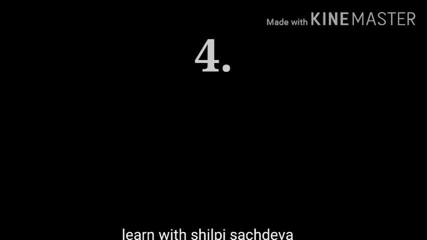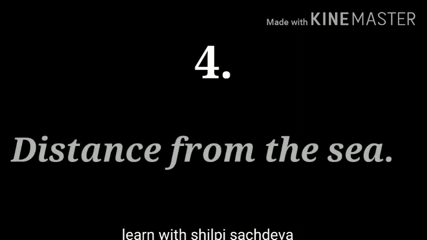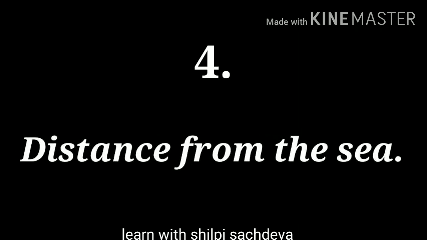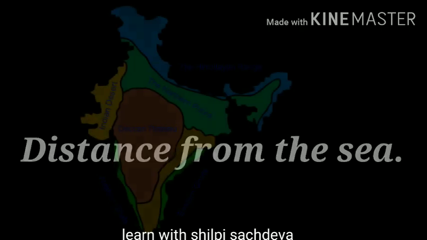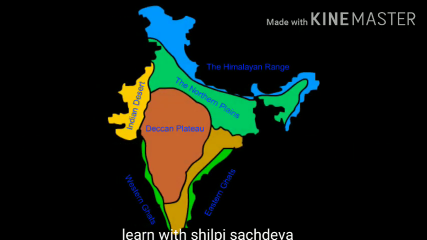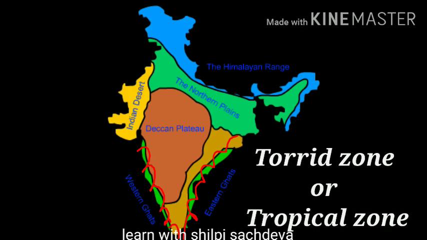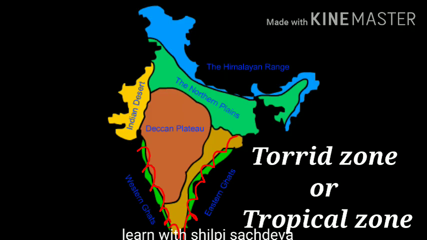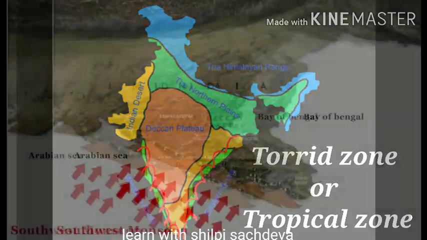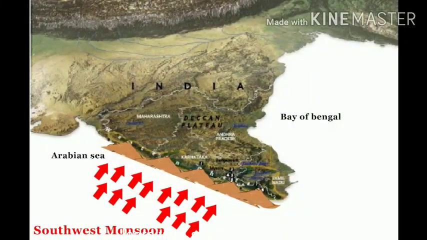Now let's see how distance from the sea affects the climatic condition of India. India is a peninsula with a long coastline but mostly falls in the torrid zone. The seas like the Bay of Bengal and the Arabian Sea have a moderating effect on the temperature in the coastal areas.